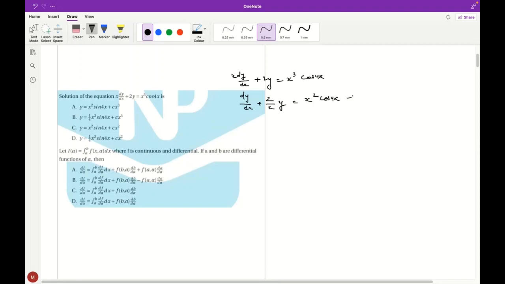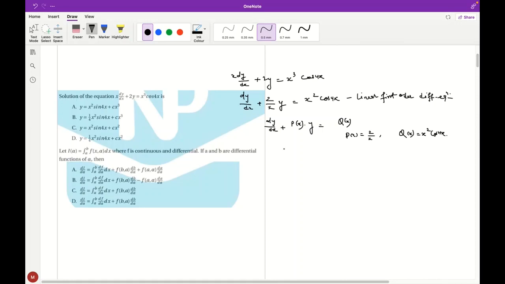This is a linear first order differential equation. Compare with dy over dx plus p(x) into y equal to q(x). So here p(x) equal to 2 over x and q(x) equal to x square cos 4x.